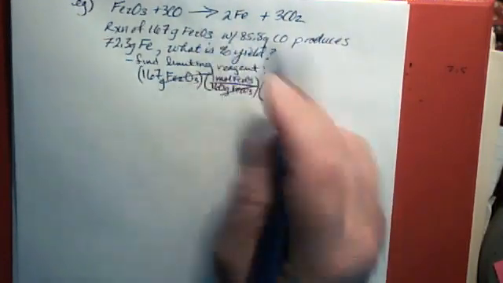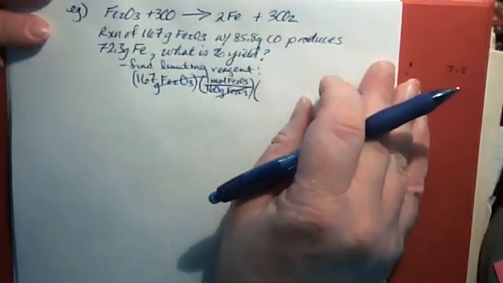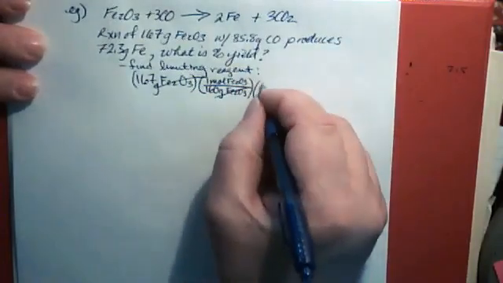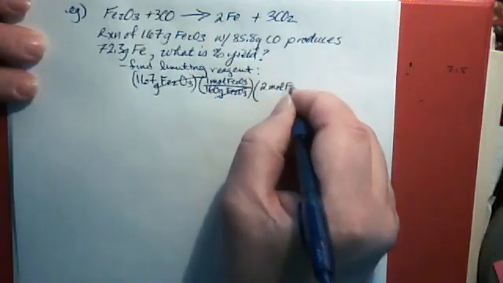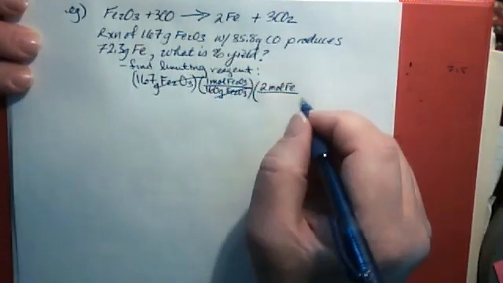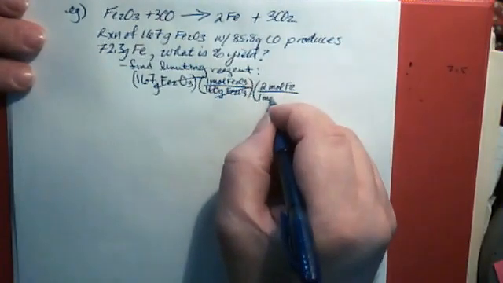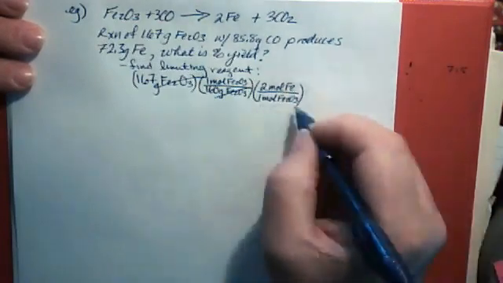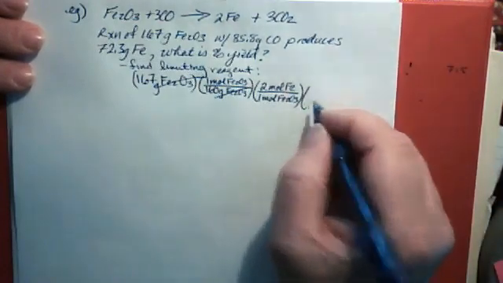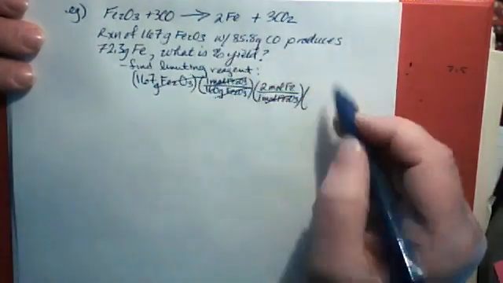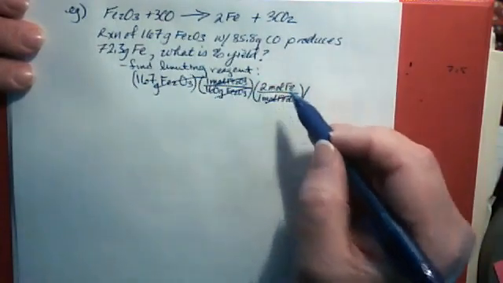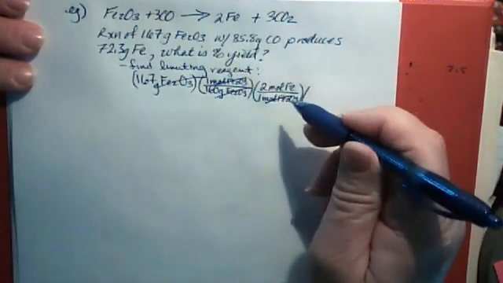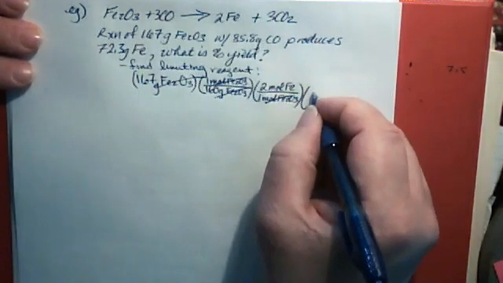You can then use the stoichiometry of the equation to transform that into moles of iron. Again, what you're going to on top and what you're coming from on the bottom. You get 2 moles of iron out for every 1 mole of iron oxide going in. Moles of iron oxide now cancel, and we're over to moles of iron. Now we can use the molar mass of iron from the periodic table to find out the mass of iron.